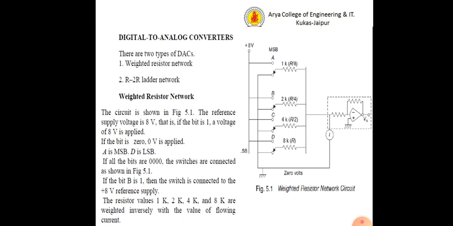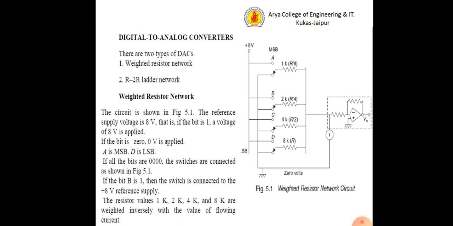Therefore, the output current represents the decimal equivalent of the binary number. Thus, the digital input is converted to an analog signal, because if the binary input changes with time, the output in decimal form also changes with time.